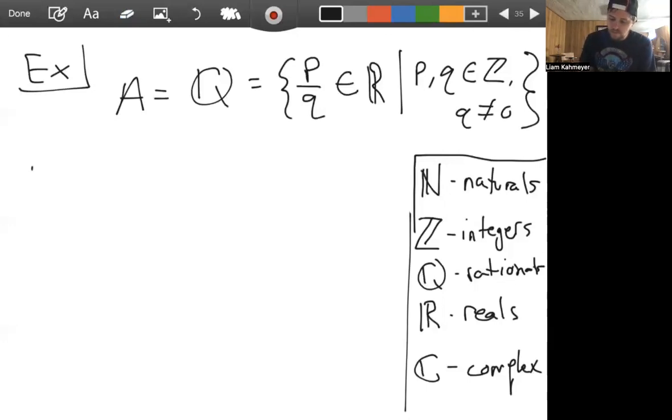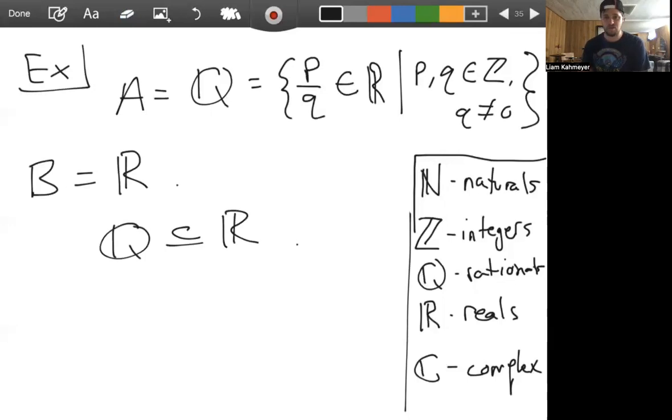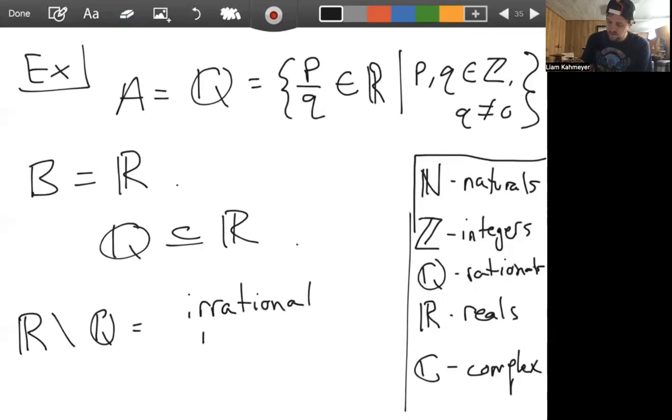Well, then let's let B be the real numbers. Then it's clear that the rational numbers are a subset of the real numbers. But then what's the complement to the rational numbers? What is R minus Q? Well, this is the irrational numbers. Right?